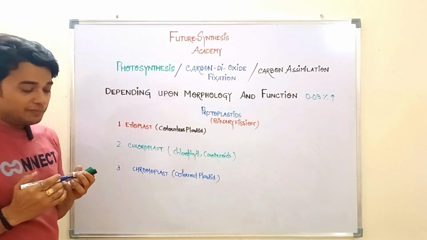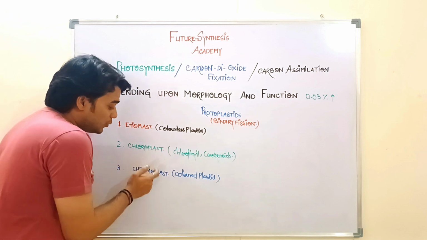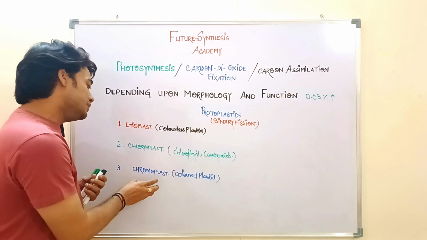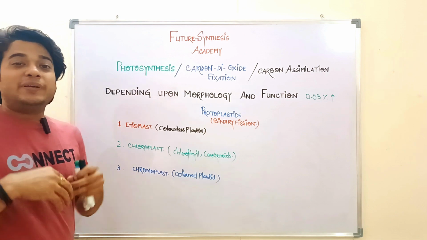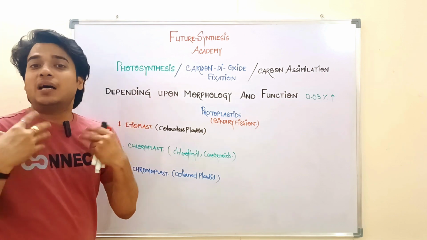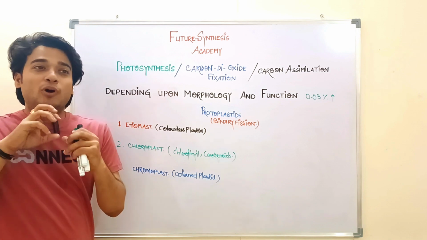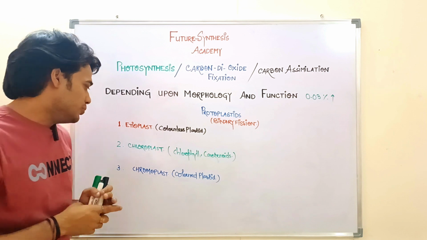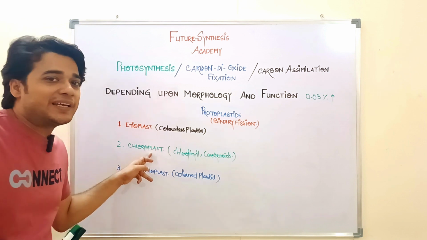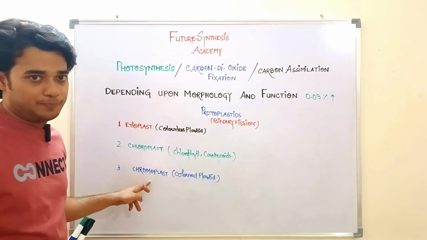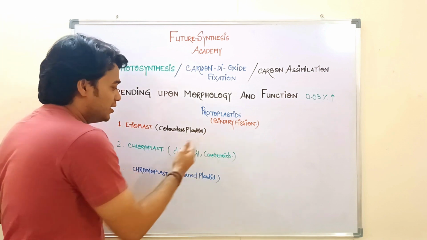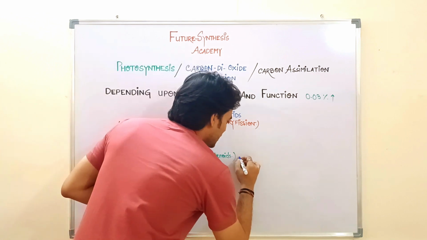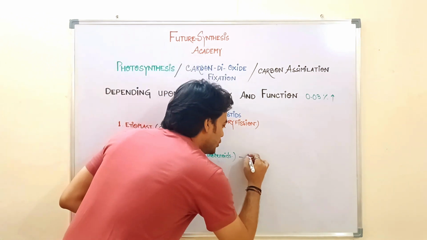But the real fact is that the chloroplast gets converted into chromoplast, and this happens because the chromoplast provides the beautiful color, because of which the pollinating agent comes and does the pollination. So it is the chloroplast which gets converted into the chromoplast. And then there is another kind of conversion which happens in the chloroplast. They get converted into gerontoplast.